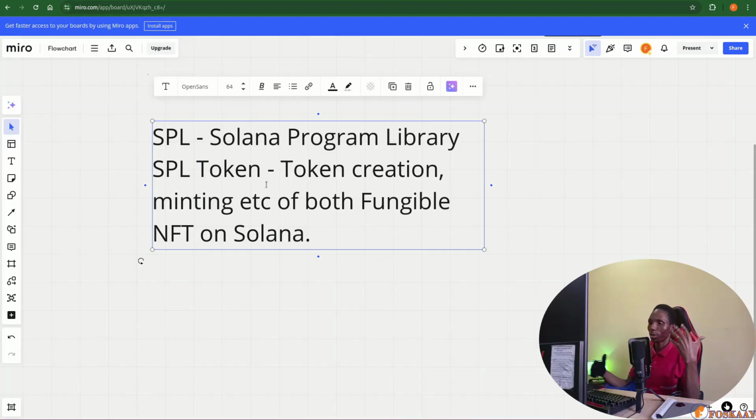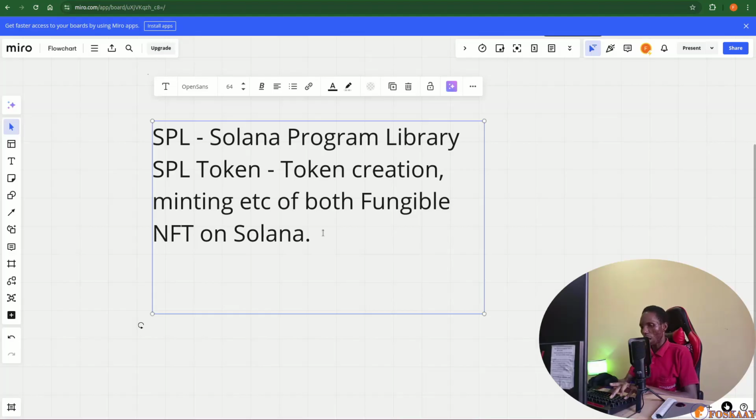That's why you say SPL token generation, minting, and compared to Ethereum, where you have what is called ERC. You have something like ERC20 and ERC 721, I think, or something.